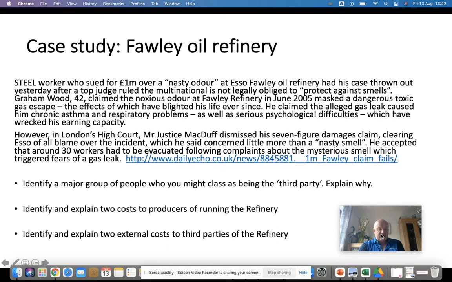Have they been affected by this in this instance? Also think about some of the costs that producers have of running that refinery, and also some of the external costs to third parties. So again, a good local case study that you could find significant amounts of information about, should you choose to, and you can then use that as an example for externalities and showing examples of how that might work.